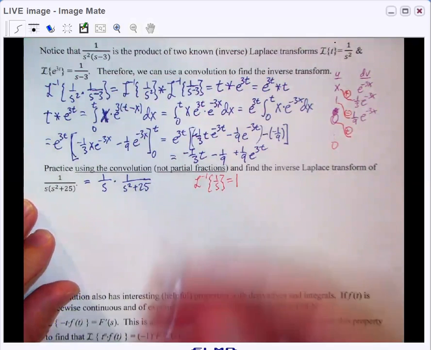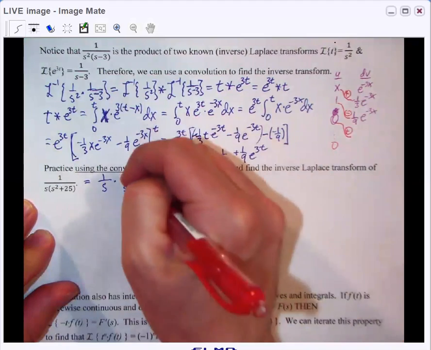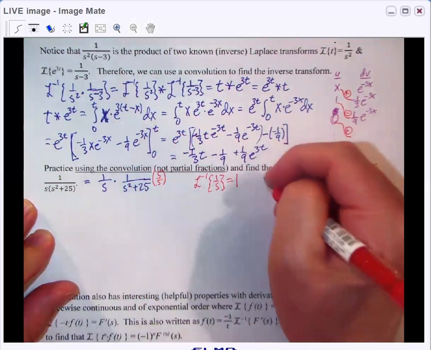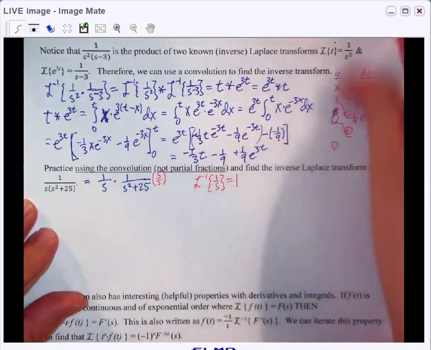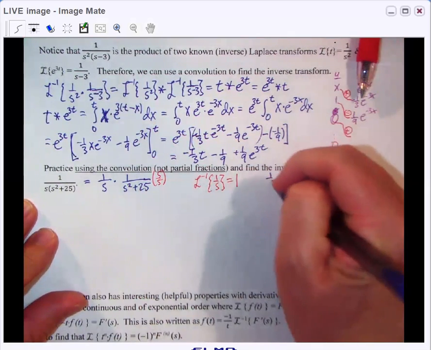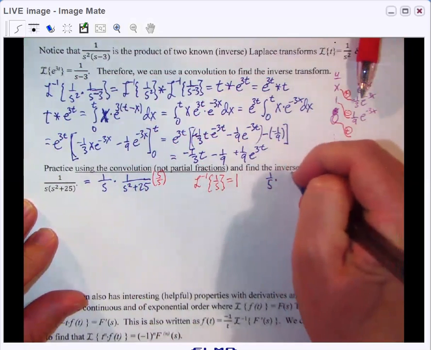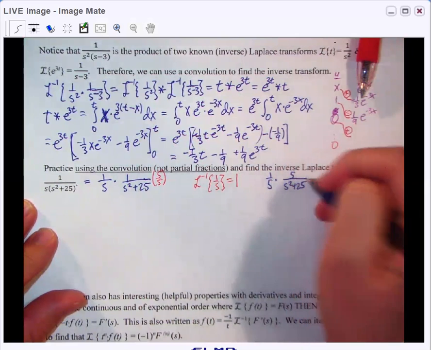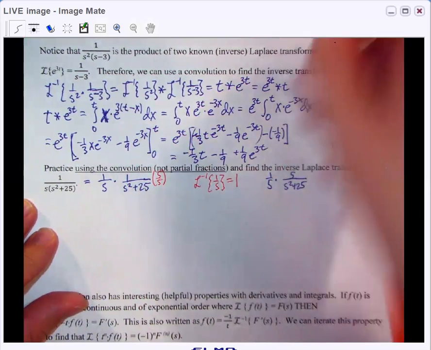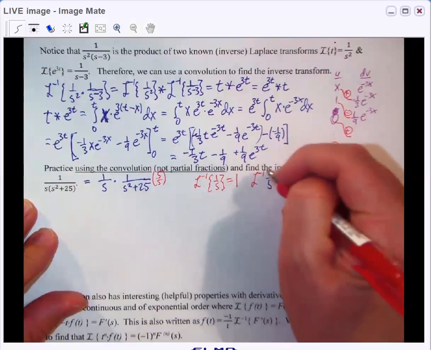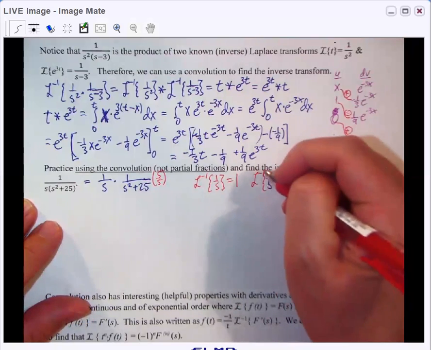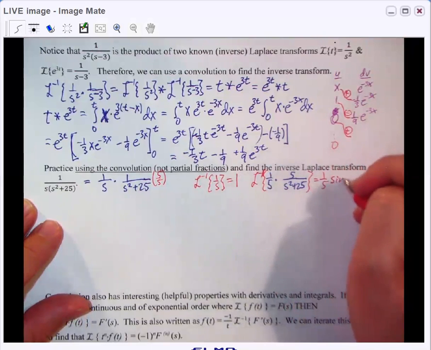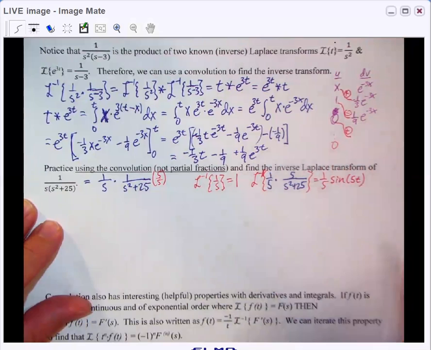Okay, so since I don't have a 5 and I need one, let's multiply by 5 over 5. So we've now got 1/5 times 5 over s squared plus 25. Okay, and we can do the inverse Laplace transform on that, getting 1/5 times the sine of 5t.